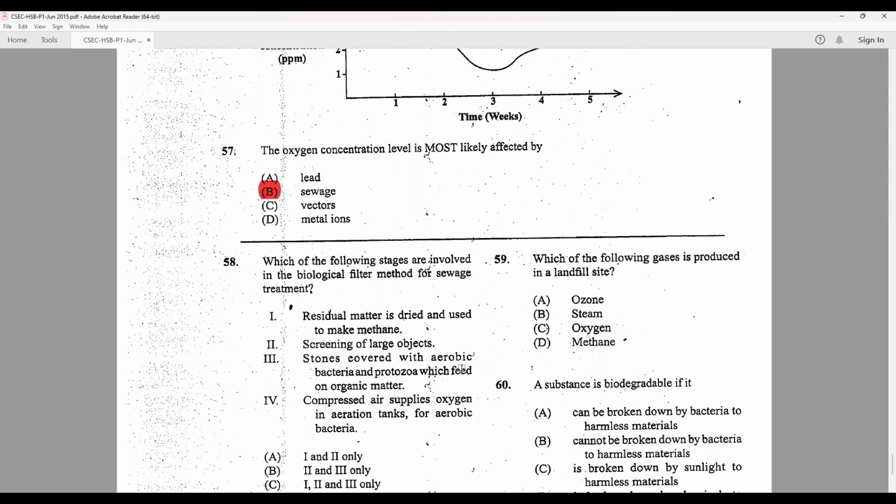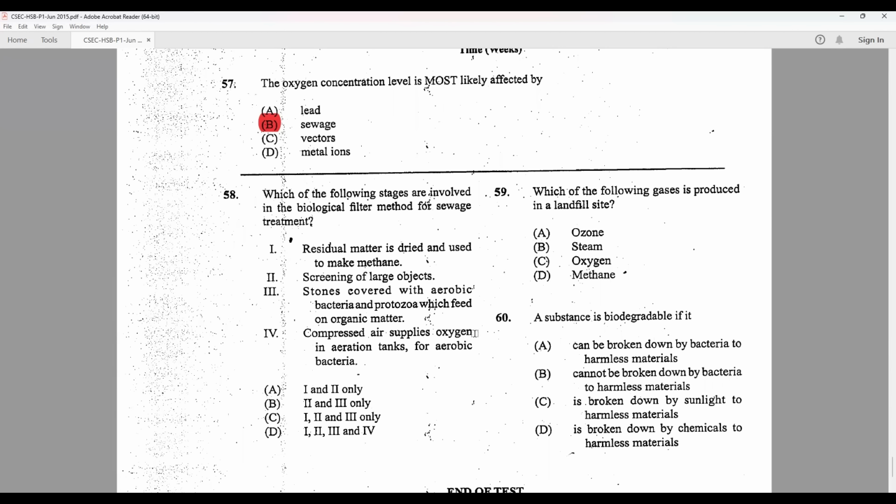Which of the following stages are involved in the biological filter method for sewage treatment? Residual matter is dried and used to make methane, screening of large objects, stones covered with aerobic bacteria and protozoa which feed on organic matter, compressed air supplies oxygen in aeration tanks for aerobic bacteria. All of these are true.